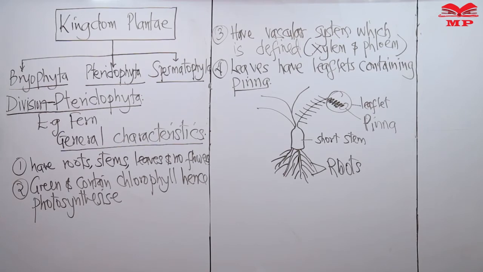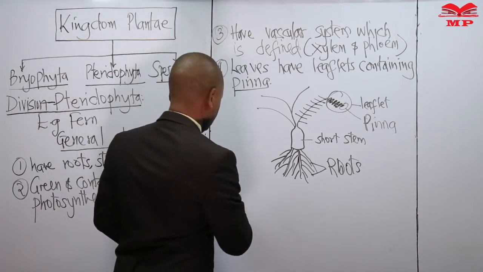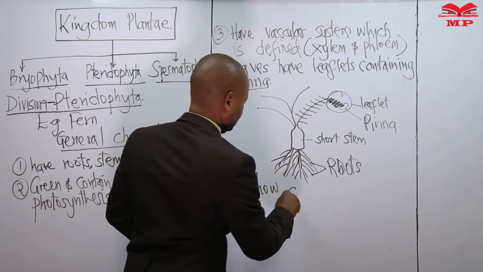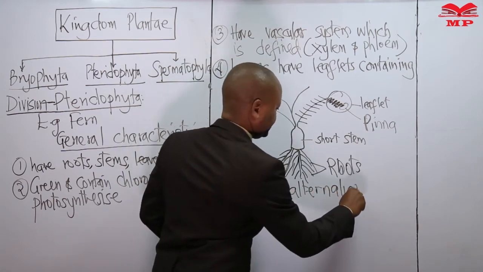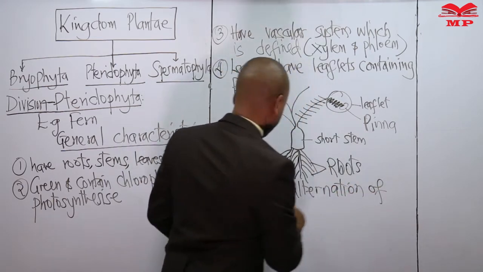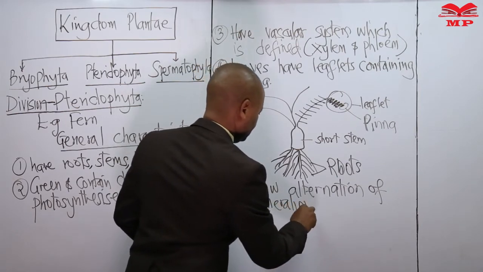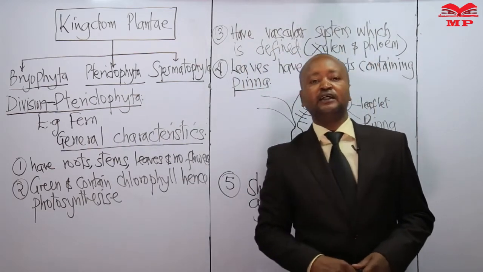Then they also show alternation of generations. For alternation of generations, it has two parts.